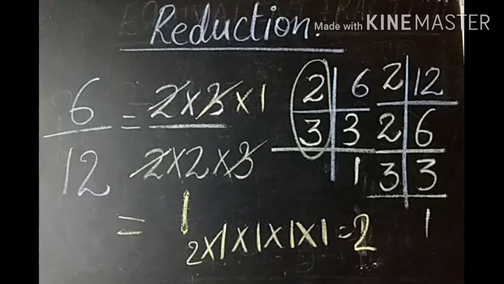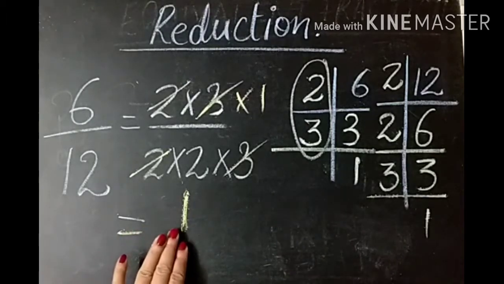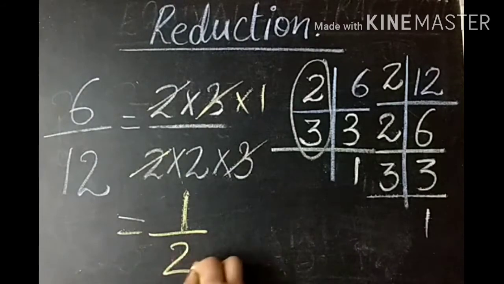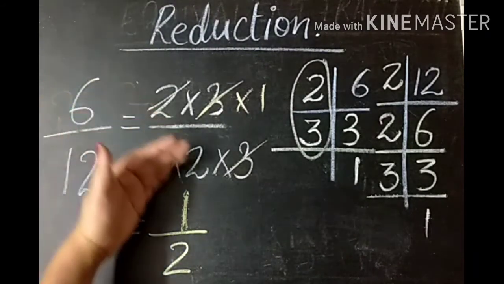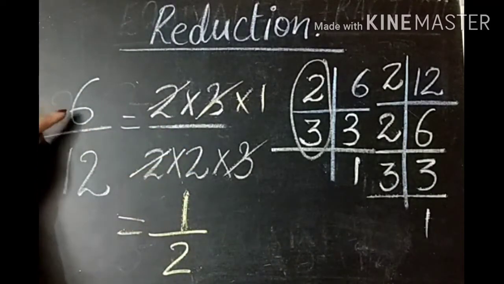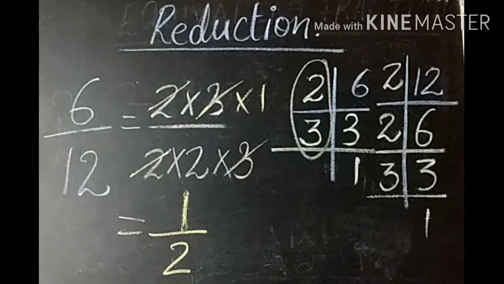So instead of that, we simply write 1 only, and this is a half. So the lowest form, the simplified form of the fraction 6/12, is 1/2.